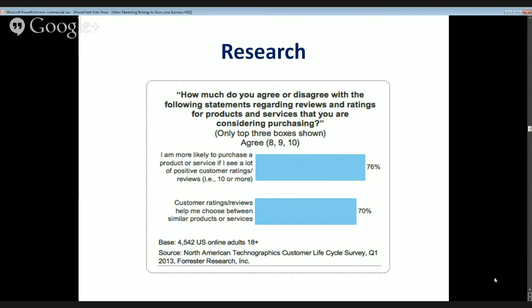So if you're not using user-generated content or user-generated video for your business now, you are really missing out on a tremendous opportunity to influence your potential customers. Okay, you've got to provide the right service and provide good service, good products, so that you get positive reviews, because of course it can work totally against you.